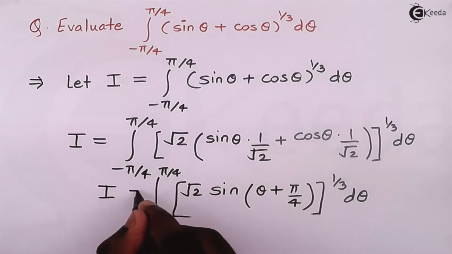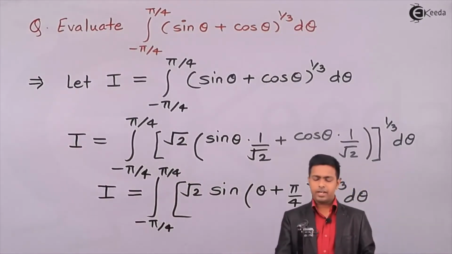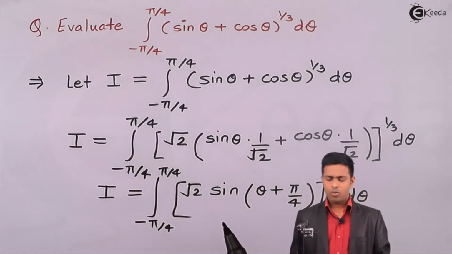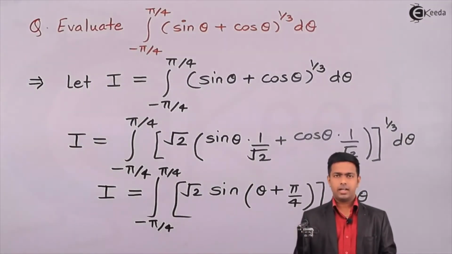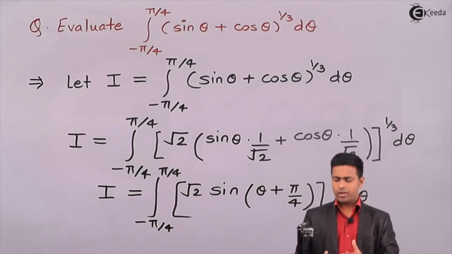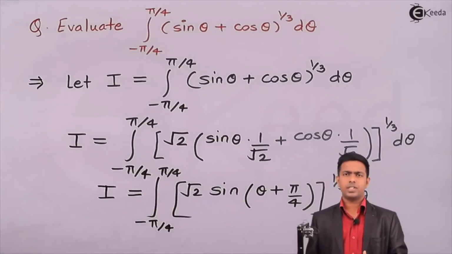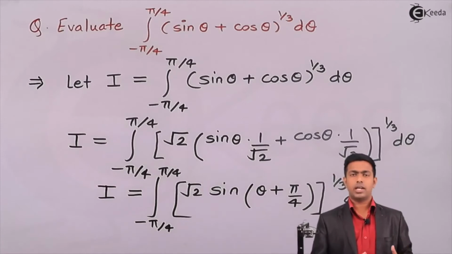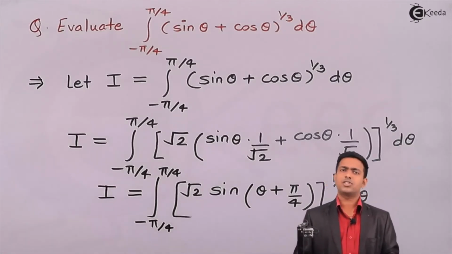Now we have eliminated that cos term, and we'll use the integration by substitution first, and in the end take the constant outside and then apply the definition of beta function.